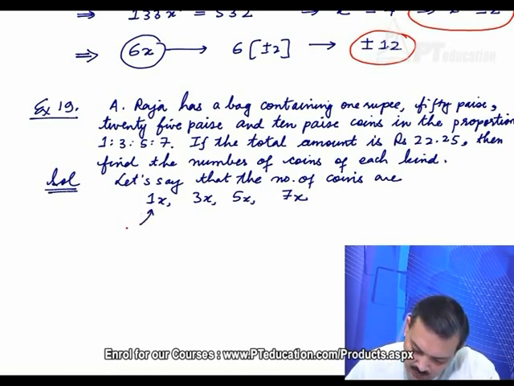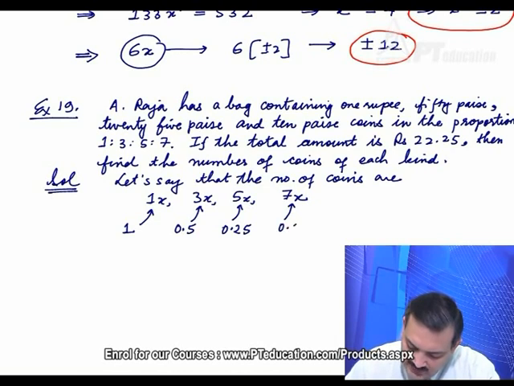Now 1x was the number of coins of 1 rupee, 3x was the number of coins of 50 paisa. I have written 0.5 because we are going to make the equation in rupee terms. 5x number of coins of 25 paise, 0.25, and 7x number of coins of 10 paise, 0.10.